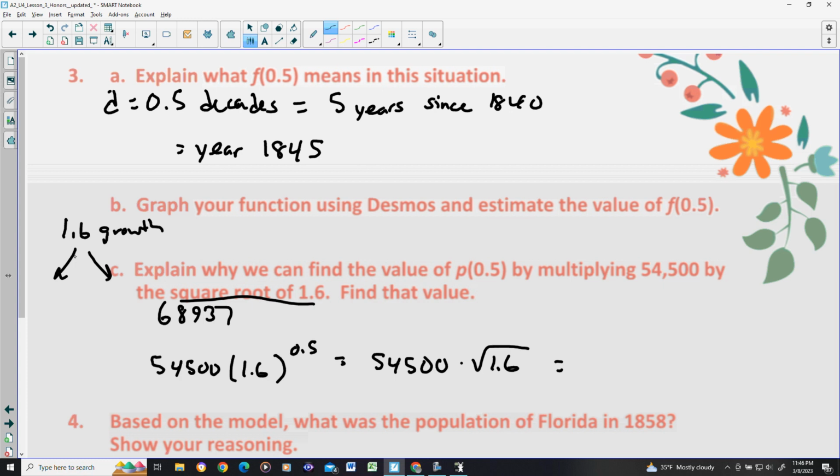But we're not splitting it into 0.8 and 0.8. Yes, I know they add to 1.6, but remember, exponential functions are not built on addition. They're built on multiplication. So we want to know what two numbers multiply to give us 1.6, and it's the square root.